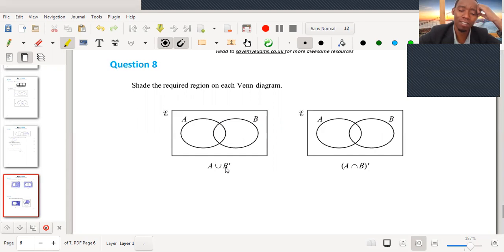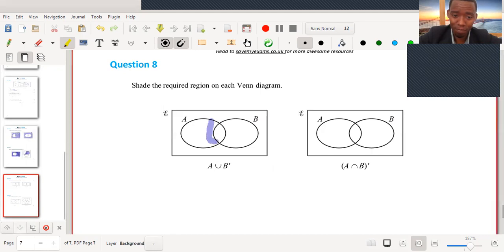What's B complement? B complement is outside B. So it will be A and the outside. But since it's B complement union A, we shall also shade the whole A.